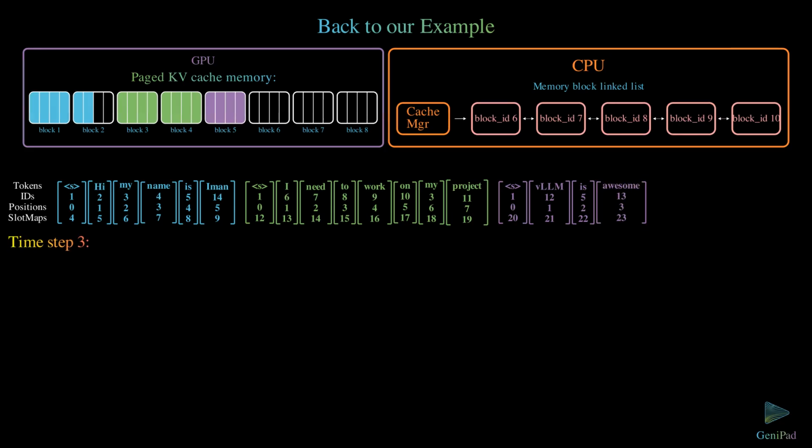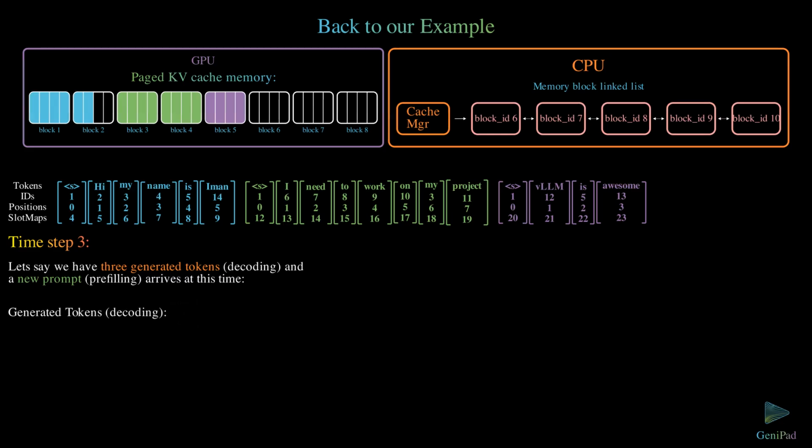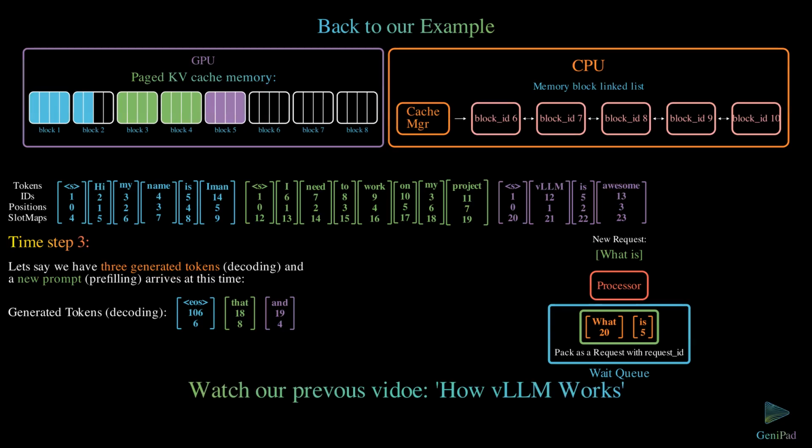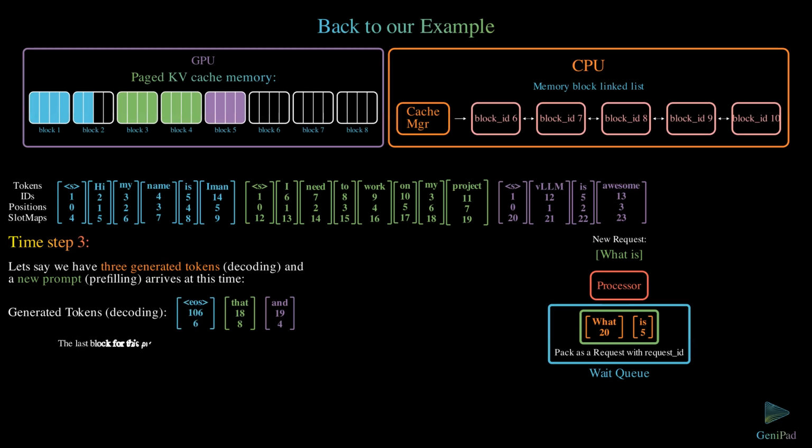In the next time step, let's say again we have 3 new generated tokens. A new prompt also arrives at this moment. It is tokenized by the processor, assigned a request ID, packed as a request, and then placed in the waiting queue. To learn more about the core components of vLLM, watch our video explaining how it works. The last block of the first prompt still has space to fit the new token.